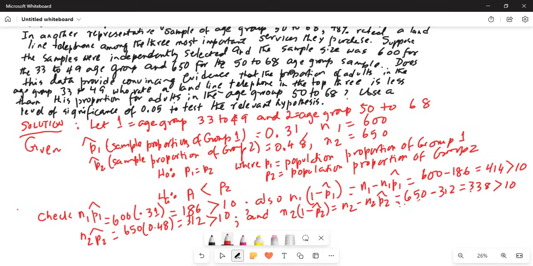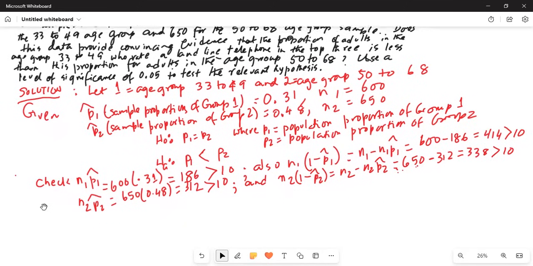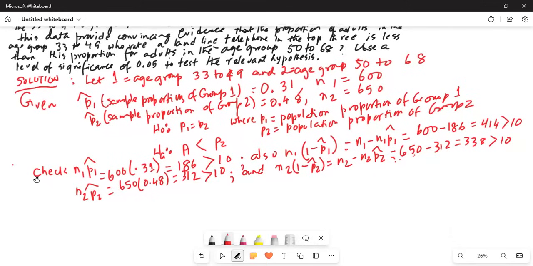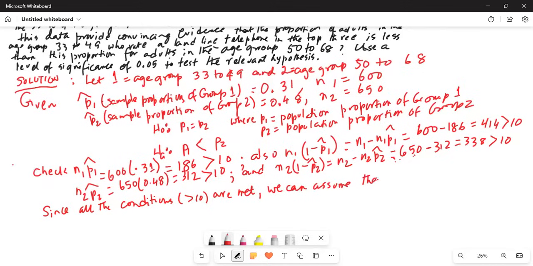So let's move this up. Since all the conditions, that is greater than 10, are met, we can assume that the sampling distribution of P1 hat minus P2 hat is bell-shaped or normal.